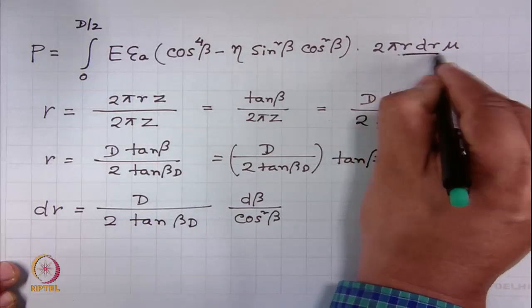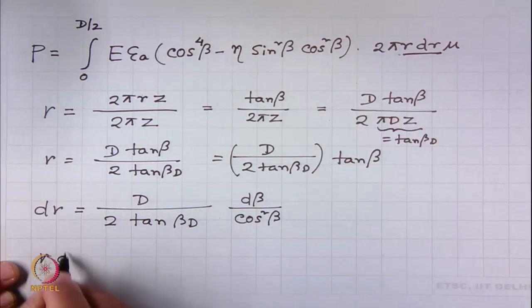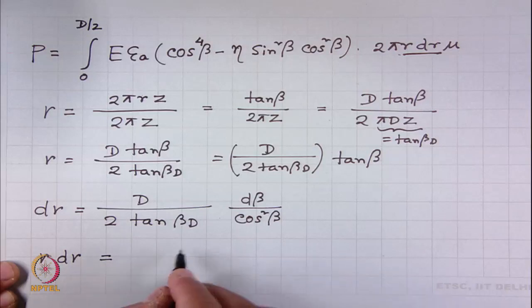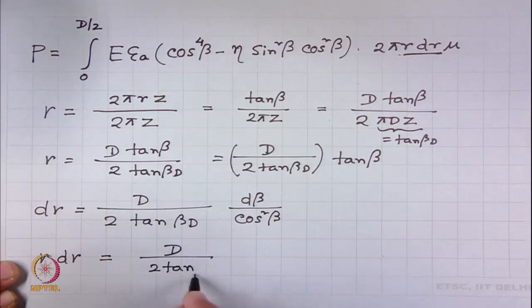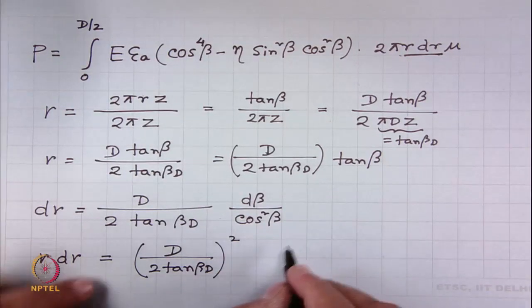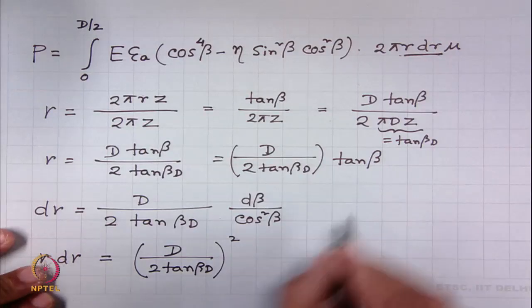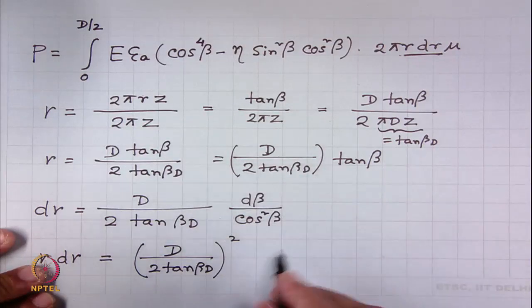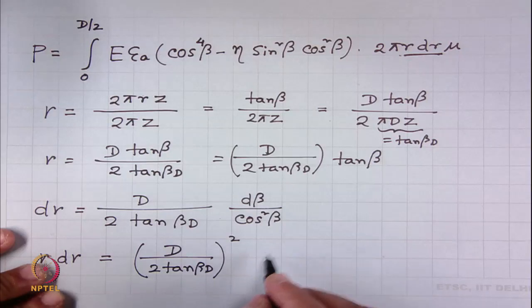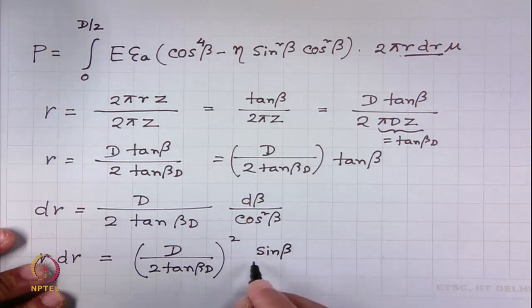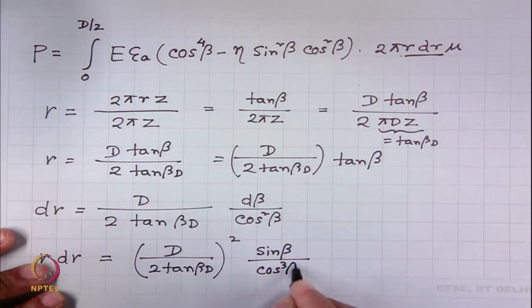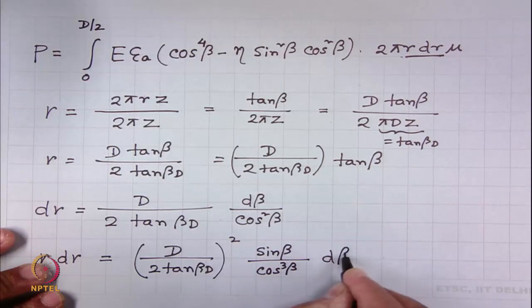Here it is r dr, r times dr. So, D by 2 square into tan beta divided by cos square beta, that is sin beta by cos cube beta d beta.